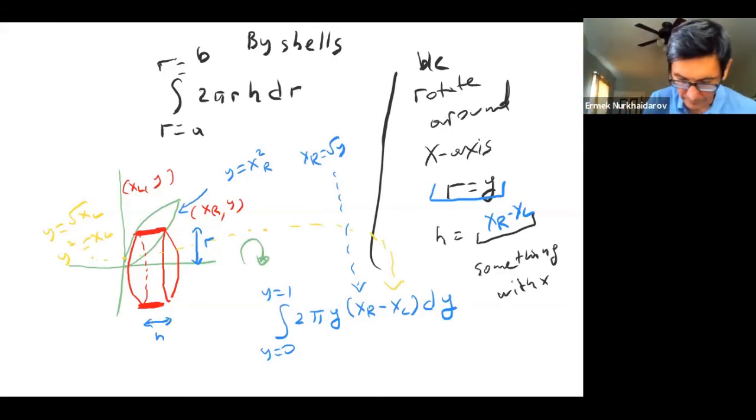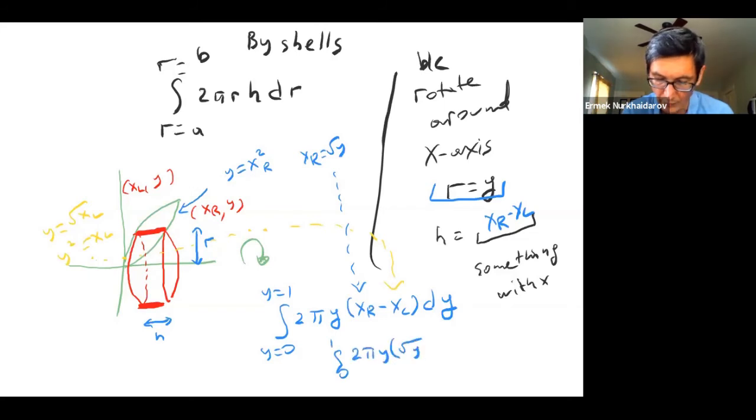So finally, we get the integral from 0 to 1 of 2 pi y (square root of y minus y squared) dy. And hopefully that is an easy enough integral, so we'll be able to do the calculations here.